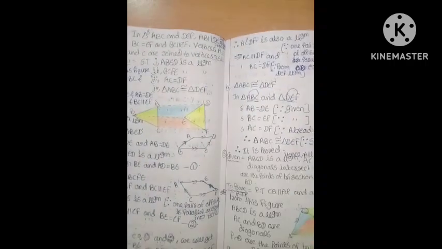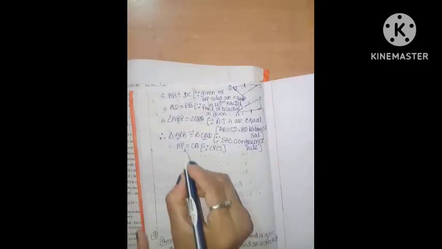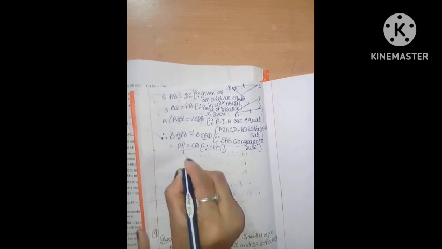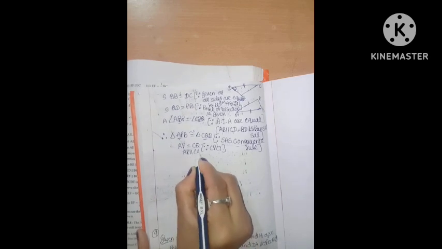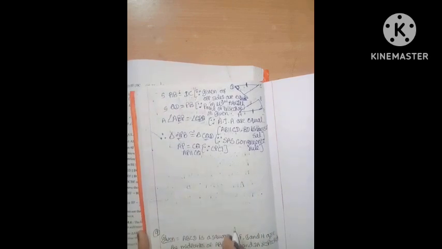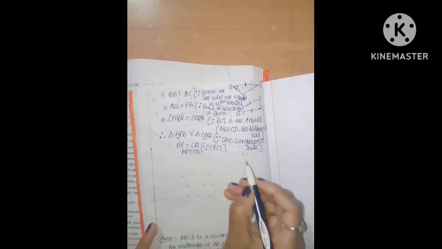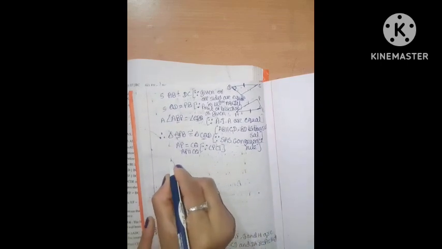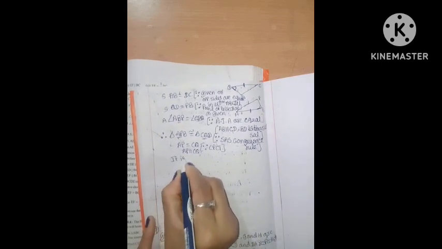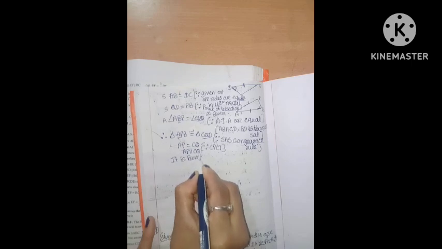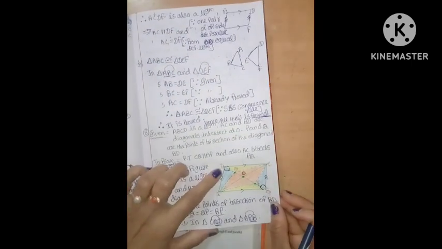It is proved: CQ is parallel to AP. AP is equal to CQ means AP is parallel to CQ, both are equal. So that's why it is proved. This is the first question, so it is proved.